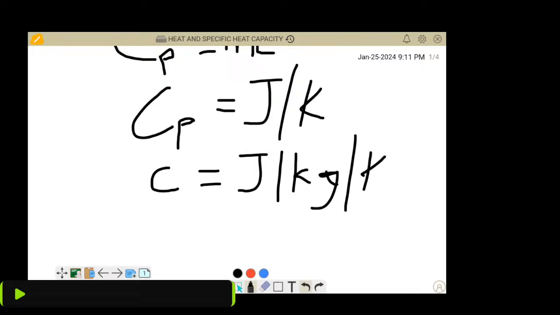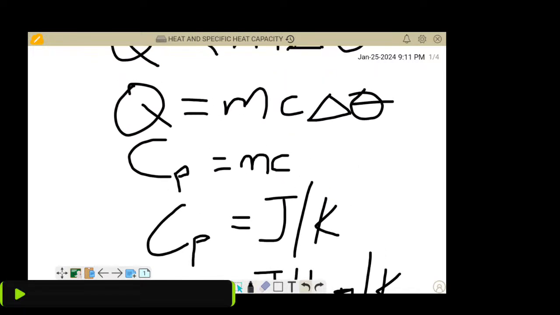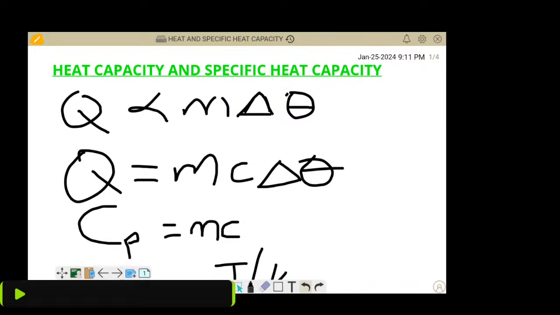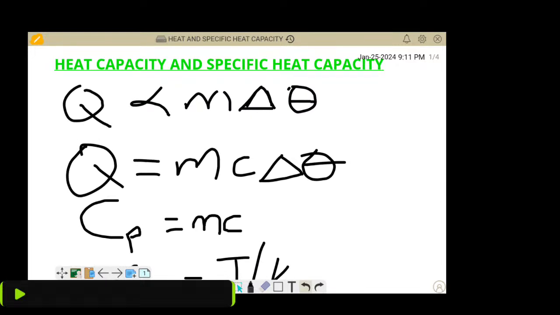Please take note of that. Very, very important. So we just need to have this brief introduction before we go straight to the calculation related to this. And this specific heat capacity is what we are going to be laying emphasis on tonight.